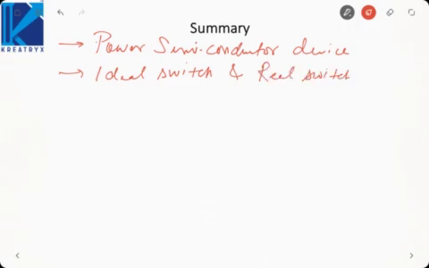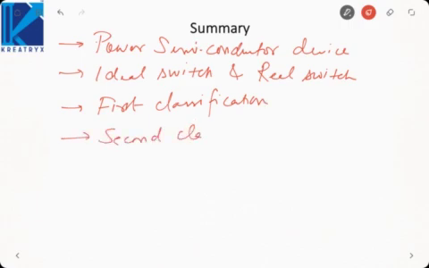Then we classified the switches based on their control characteristics: uncontrolled, semi-controlled and fully controlled. Then we classified the switches based on unipolar, bipolar, unidirectional, bidirectional. And then we saw the characteristics of the power semiconductor devices based on their polarity and the direction of the current flow. So that is what we have covered in this lecture.